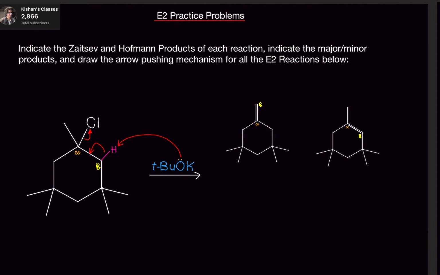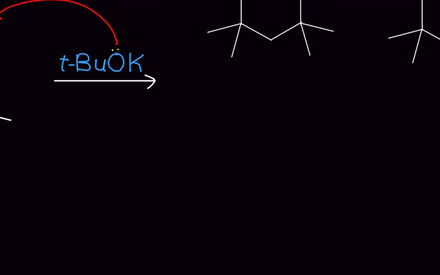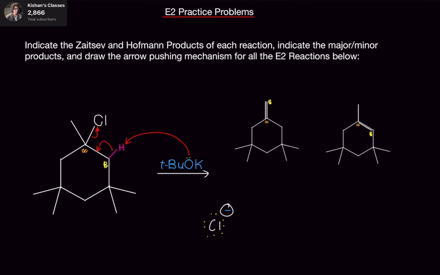That's the other answer. But this is still not complete because we're still missing some stuff. And it's always essential to include what left? Fluoride left. You need to draw in the electrons. Like that. And then what happened to the proton? Well, tert-butoxide took it. So what happened?